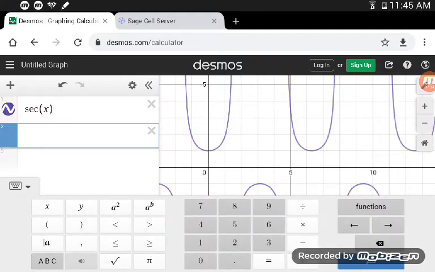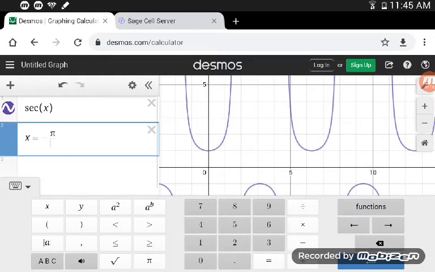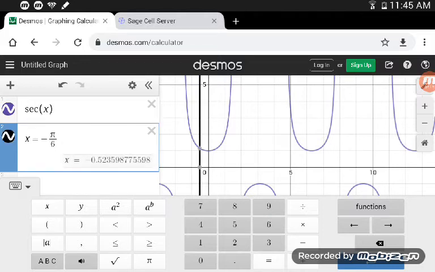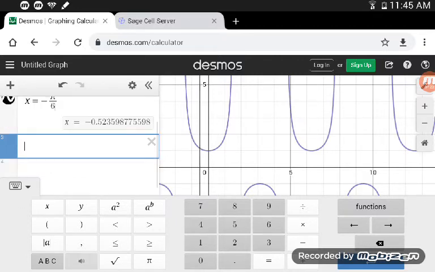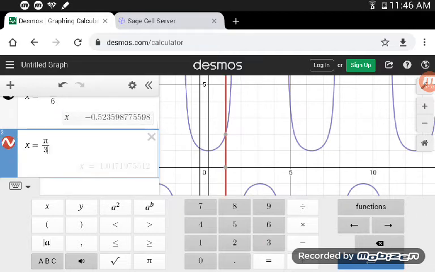Okay, so here what I can do is I can just say x equals minus pi divided by 6. And there I get a vertical line that shows me that spot. And then I can do my x equals pi divided by 3. And that gives me that spot.